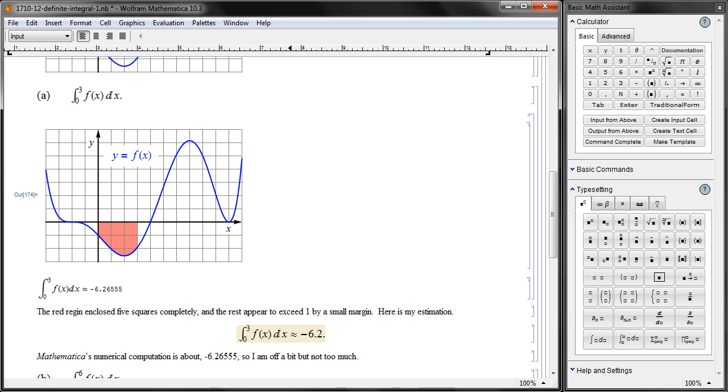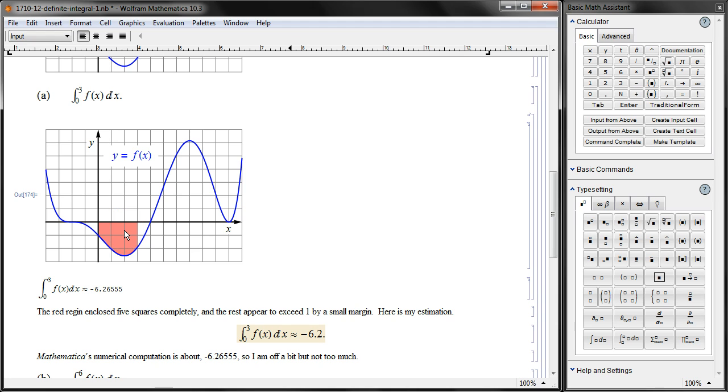Even if your rough estimation is a bit off, I'll still give you full credit. If you write something like negative 6.7 or negative 6.9, negative 5.8, I'll still give you full credit. Now, if you write something like negative 4 point something, that's not good because it's clear that there are 5 squares completely enclosed.